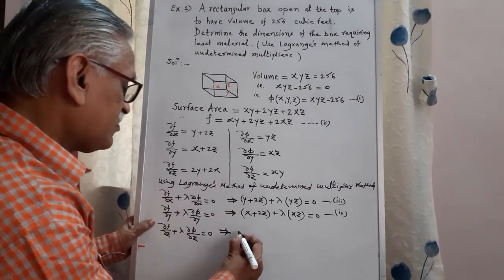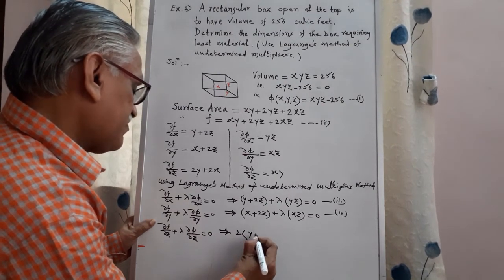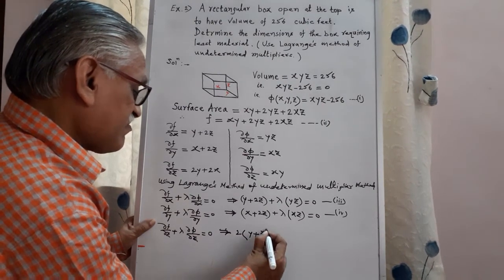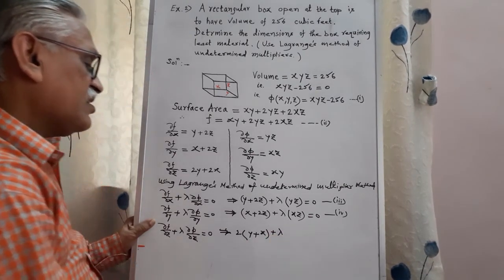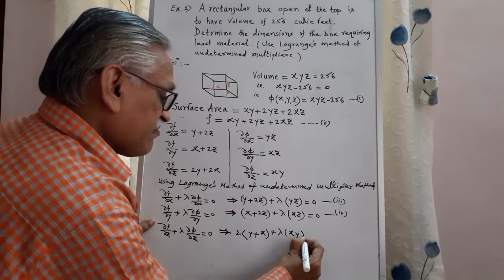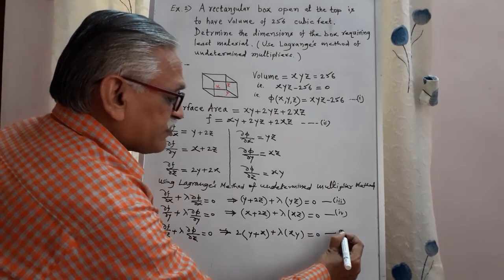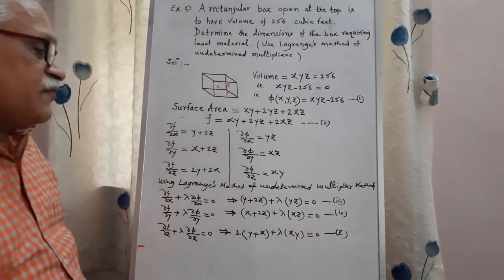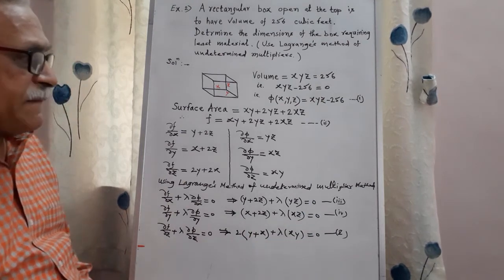We can take 2 common, 2 times y plus x, plus lambda times dou phi by dou z, it is xy, equals 0. Fifth. Therefore, we have equation number 3, 4 and 5.